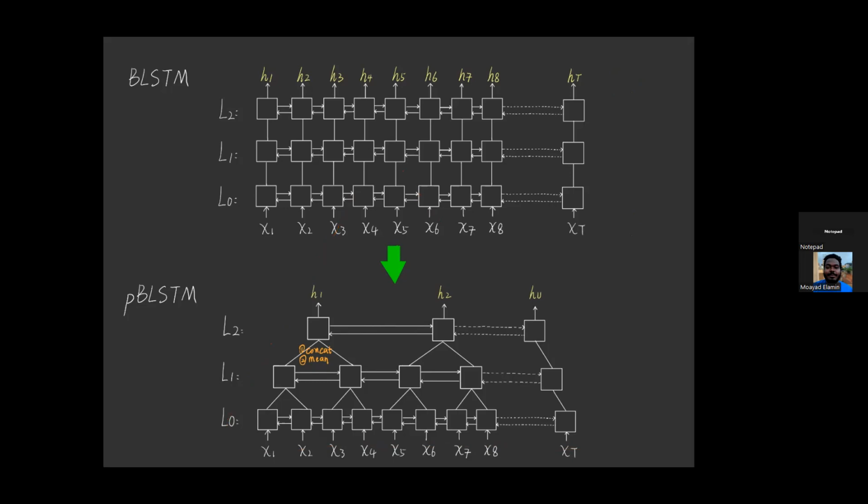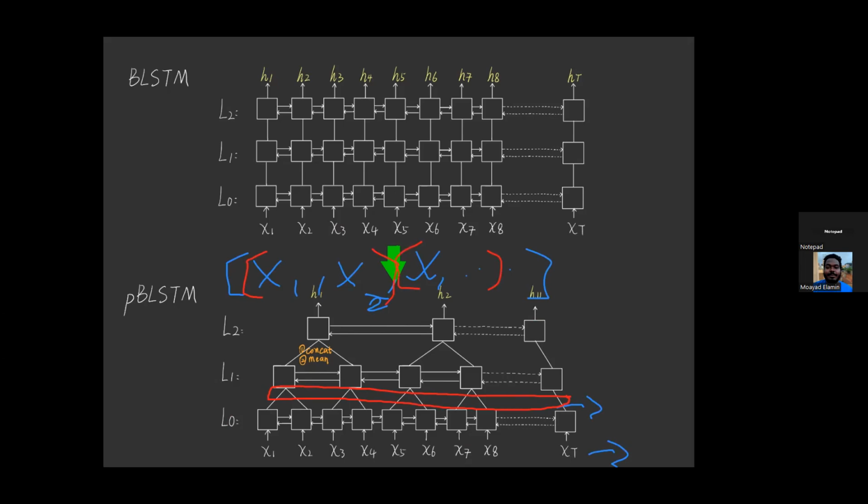If we look at what happens here, we first will have our base LSTM, which will take the input as is and will give us the output as is. But here, something interesting happens: we concatenate each two adjacent inputs into one. So if we have a vector of this shape, let's call the outputs x1, x2, x3, etc., we'll concatenate x1 and x2 into one vector, and we'll do the same all the way throughout.